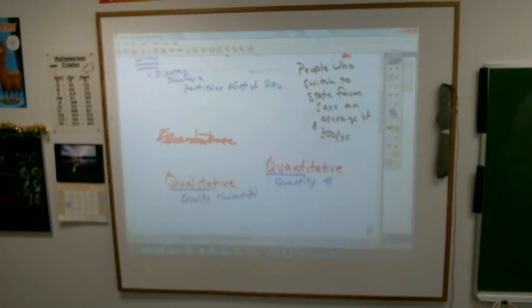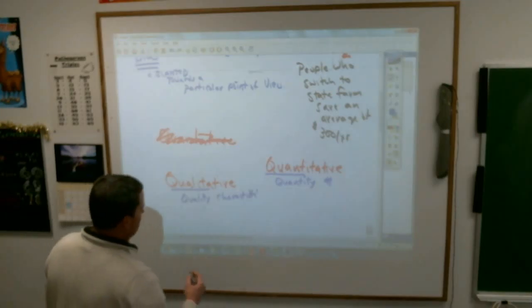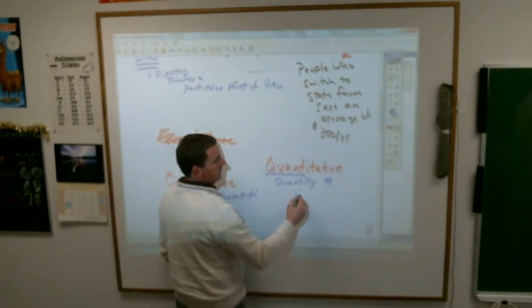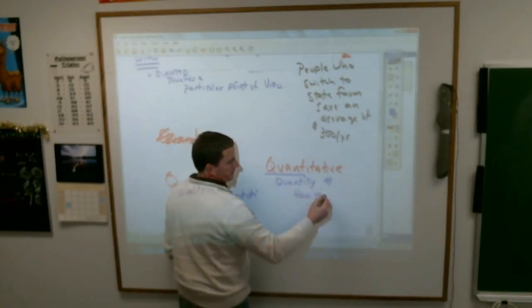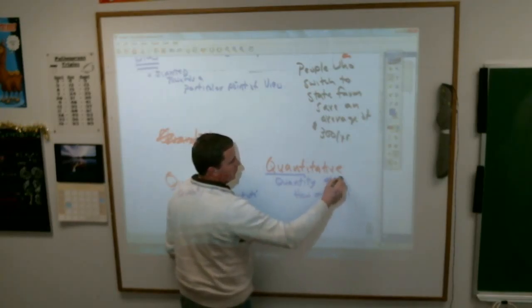For example, let's see if we got some examples there. The book says it like this: we collect qualitative data that falls into categories, in this case, types of restaurants. Data that is numerical is quantitative. If it answers the question of how many, okay, then it is quantitative.